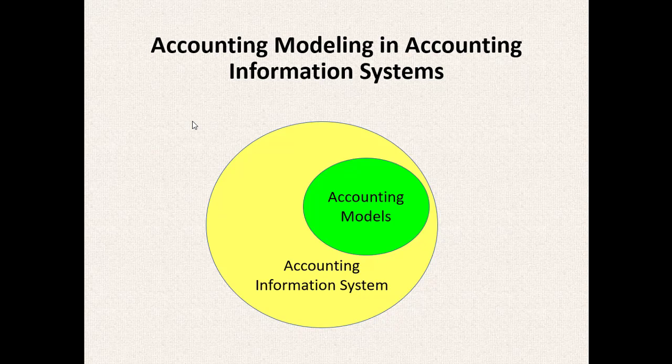Accounting modeling occupies a particular position within this broader accounting information system. That's our scope. In this broader accounting information system we may be occupying different places, right? So we are occupying a particular domain, right?